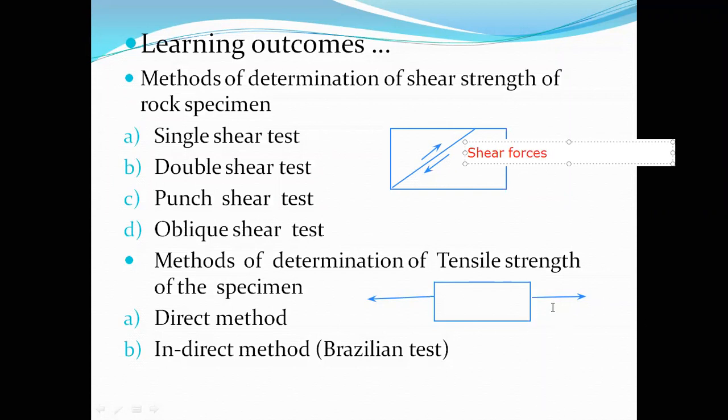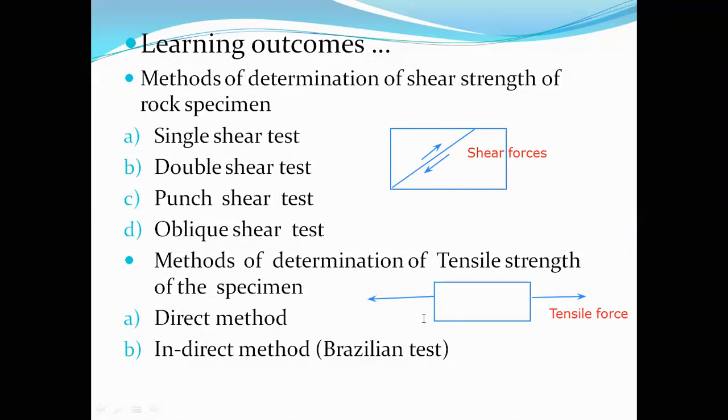As part of this video lecture, we'll be discussing how to determine the shear strength of the rock specimen.